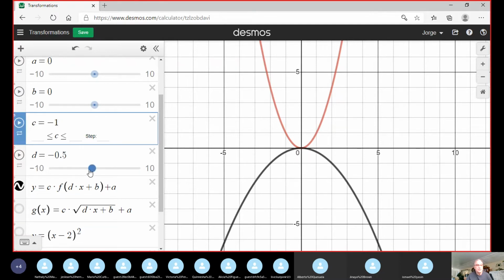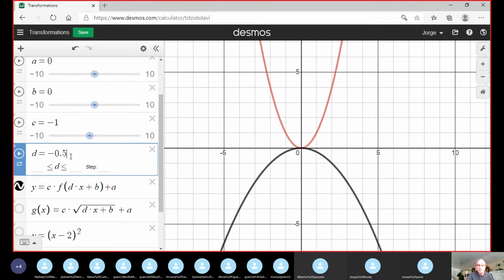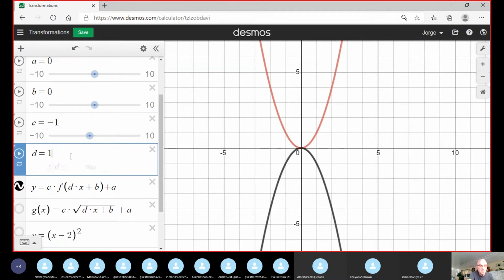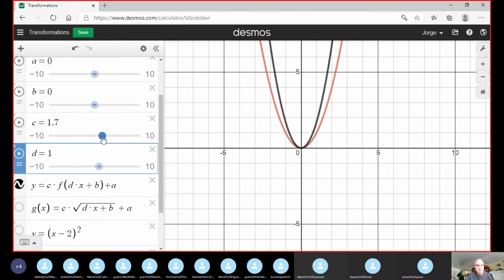But in general, we have different situations, for example, let me try to move this. Okay, look. Remember, when the factor is greater than 1, vertical stretch. Ooh, super narrow parabola.